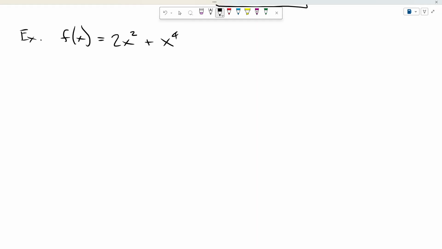Right, same process again to start out. Do f of negative x. So when we put that in, we end up with 2, and then we have negative x squared plus negative x to the fourth.